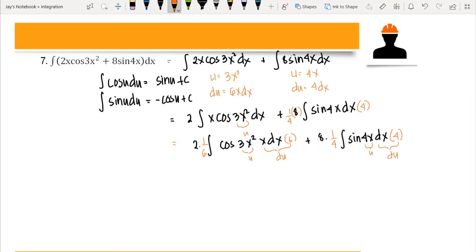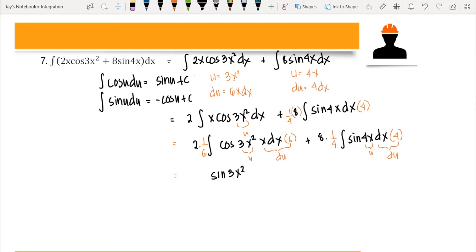So this is now our u, and this one now is our du. So we can finally use the following integration rule. The integration of cosine u is sine u plus c. Therefore, we have sine of 3x squared, our u. But take note, we have 2 over 6 outside of the integration.